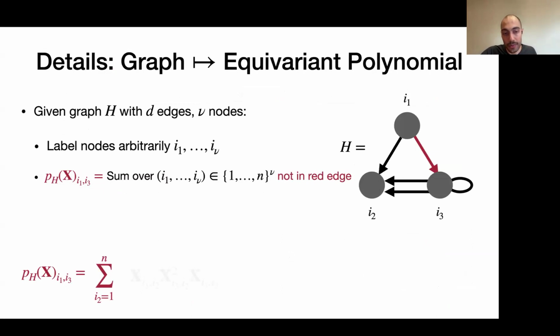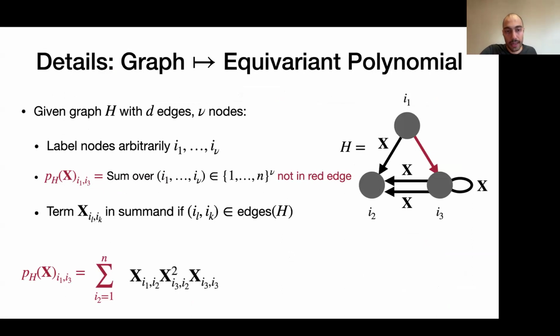And note that I1, I3 is in the output, so that's fixed. And then we put summands in the same way as before, corresponding to black edges. So again, the same summand that we had previously shows up here. And this is now an equivariant polynomial. For each possible value of the output, we have a polynomial that gives the value of that output. And in the same way as with invariant polynomials, this is universal. Any possible polynomial can be written in this form.